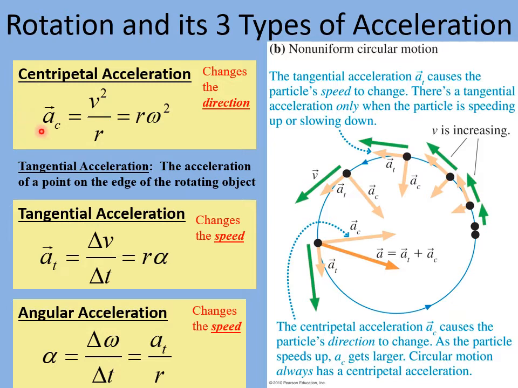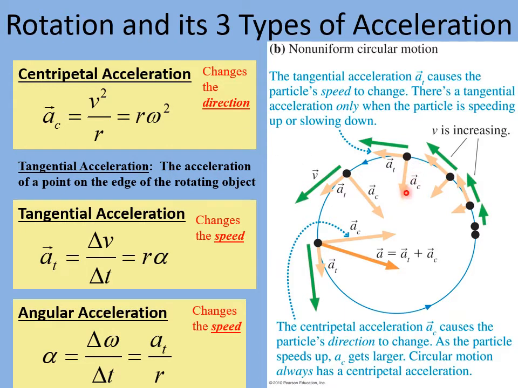Remember that centripetal acceleration, a sub c, where the c is for centripetal, means center seeking, and we can calculate centripetal acceleration by v squared over r, or r times omega squared. What centripetal acceleration really means is that the velocity of the object that's moving in a circle doesn't have to be changing its speed, but its direction is changing. So centripetal acceleration basically changes the direction of the velocity vector.